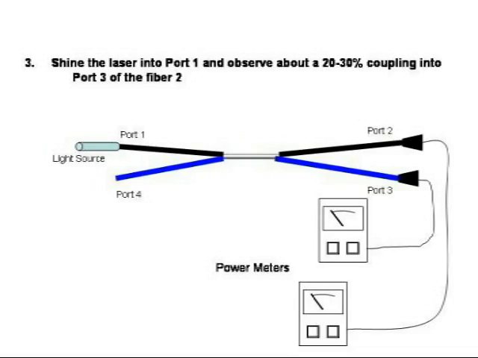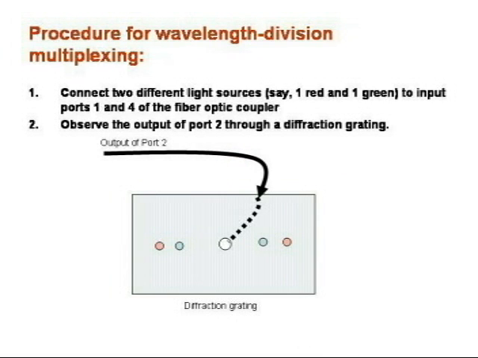Finally, in the final experiment, we will demonstrate wavelength division multiplexing, and this is a currently used technique to squeeze many channels into a single fiber. All communication channels have slightly different wavelengths, and they are combined in one fiber, and then at different points of destination, different wavelengths are extracted. So we will use our coupler.